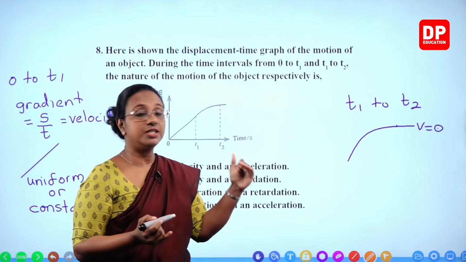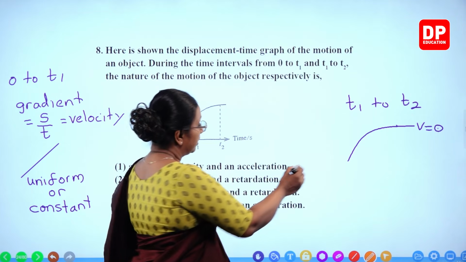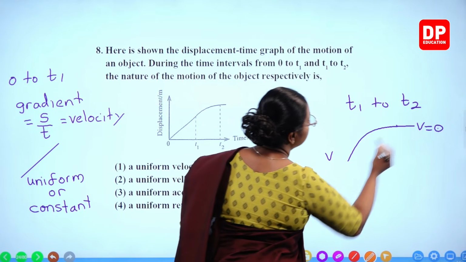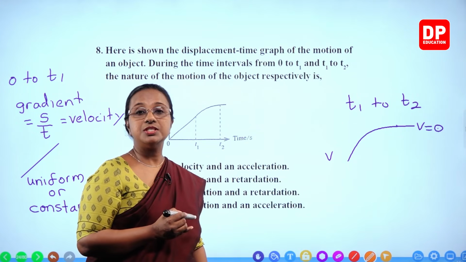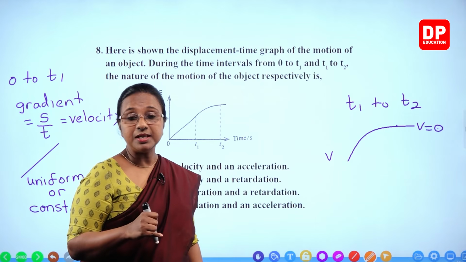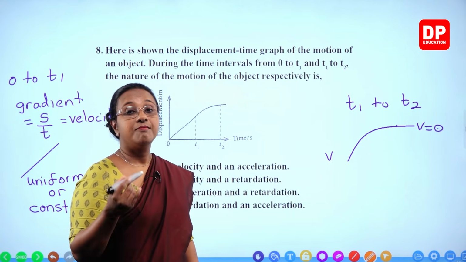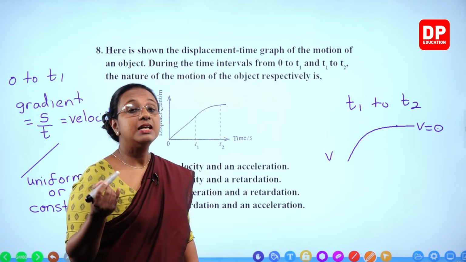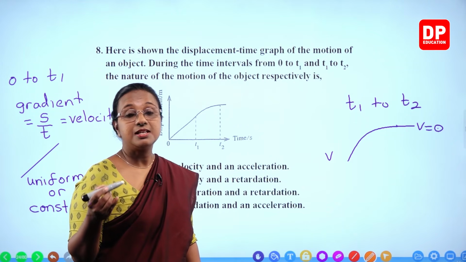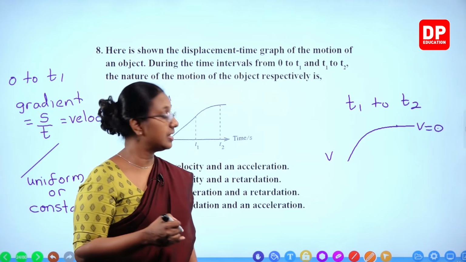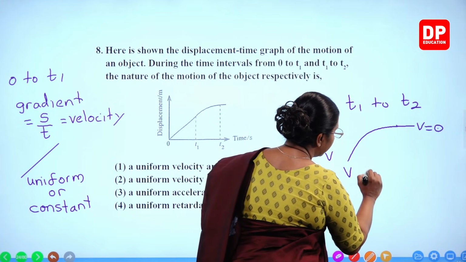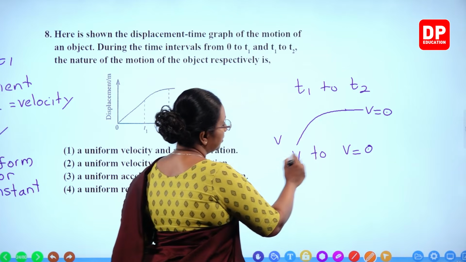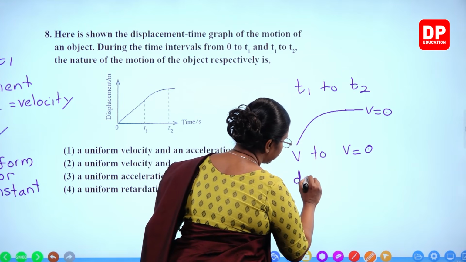That means velocity 0. So here initially there is a velocity. From there the object goes to velocity 0. So what is happening to the velocity? Velocity is decreasing. That means it is deceleration. Deceleration is also known as retardation. So from V, it goes to V equals 0. So here it is deceleration.